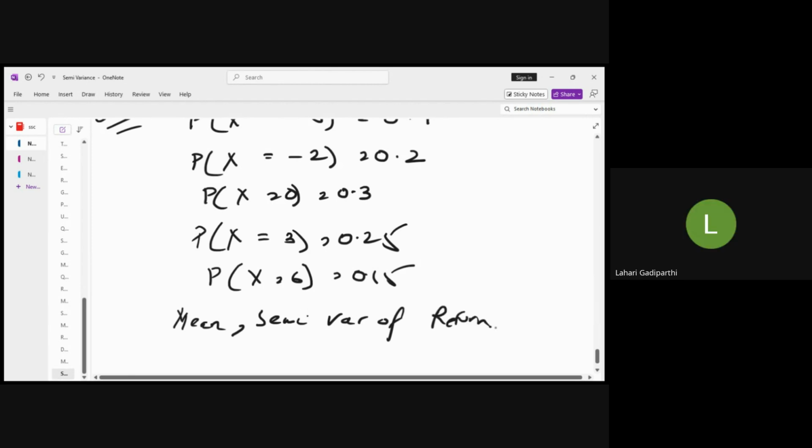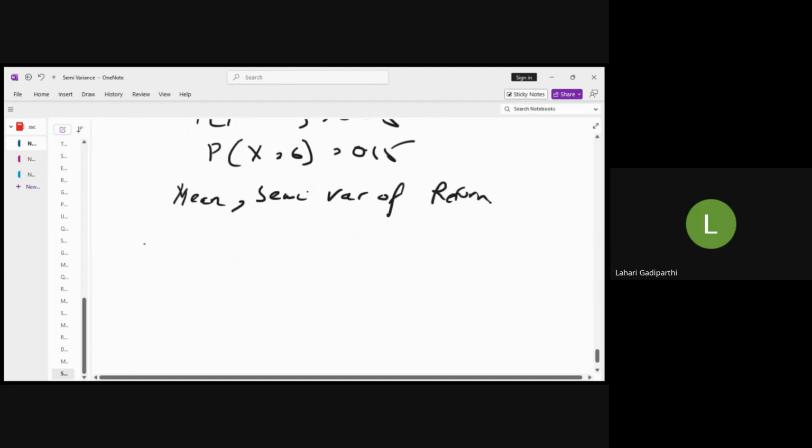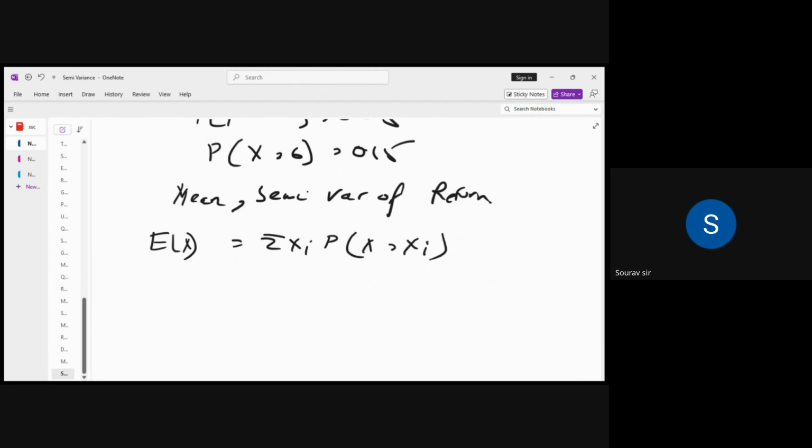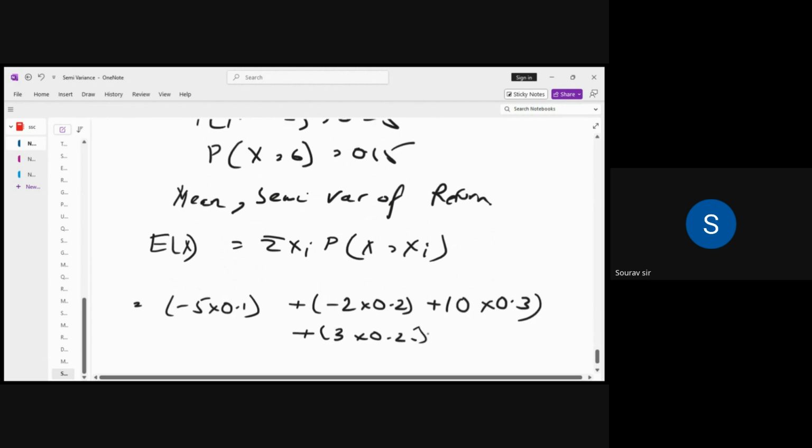So how will I calculate the mean? The summation of values associated with the probability. So let's quickly do that. Expectation of X is the summation of x_i p_i. So that is minus 5 multiplied by 0.1 plus minus 2 times 0.2 plus 0 multiplied by 0.3 plus 3 multiplied by 0.25 plus 6 multiplied by 0.15.